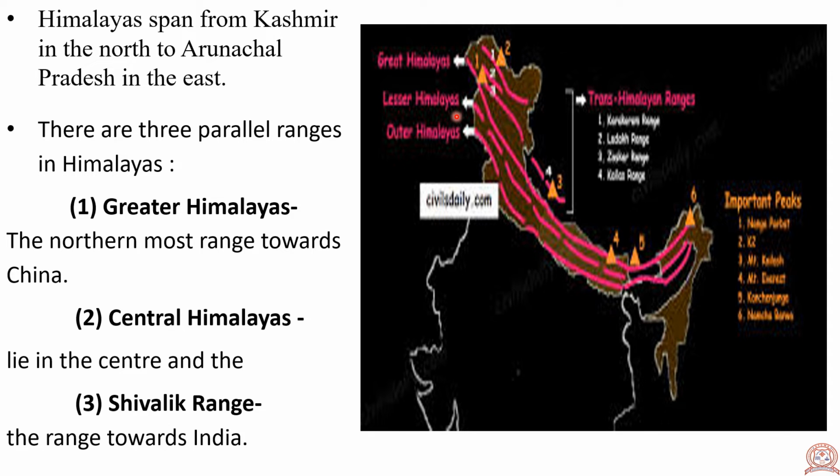Second, Central Himalayas or Lesser Himalayas or Himachal. It lies in the center. And last one is Shivalik Range or Outer Himalayas, the range towards India.